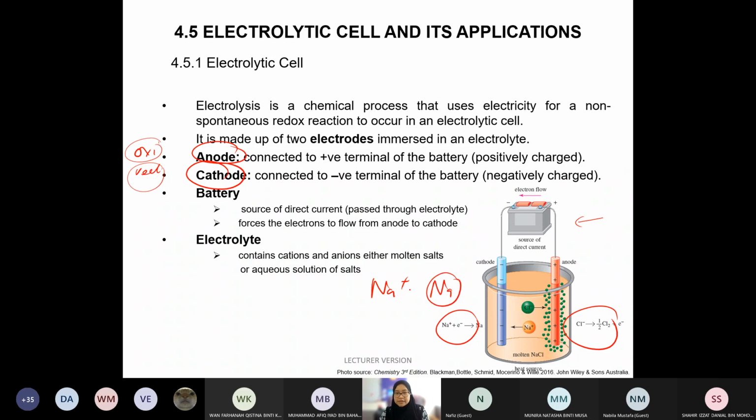They prefer to undergo oxidation. So nampak tak, in electrolytic cell, dia force this reaction to happen, which spontaneously it won't happen. Macam Cl minus, Cl prefers to be in Cl minus state, tapi kita paksa dia jadi Cl2 chlorine.